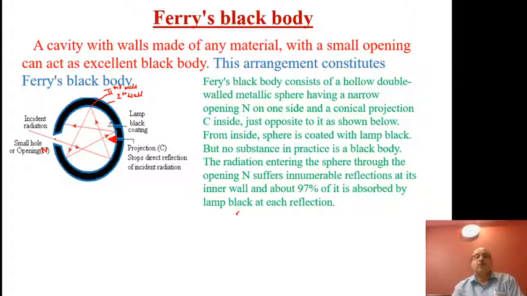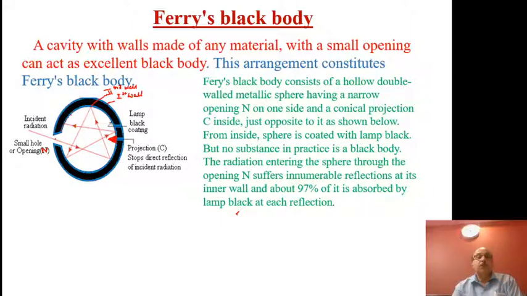From inside, the sphere is coated with lamp black. Now in this double-walled metallic sphere, the inner wall is coated with lamp black. So lamp black will absorb the light radiation.